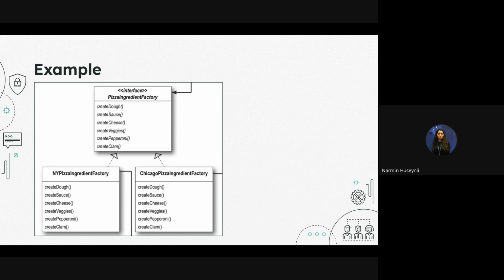Basically, we group into one category the objects we intend to create. So we hide all the implementation details in that abstract factory. And it also has its own concrete implementations, but here we are using composition, basically.